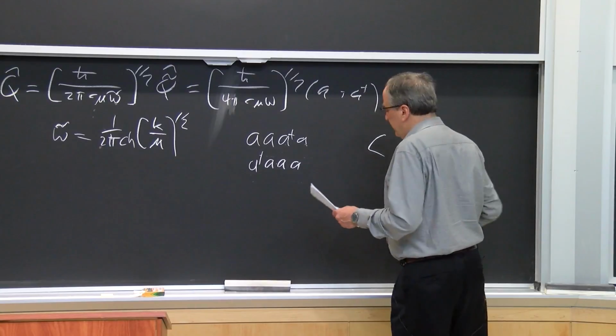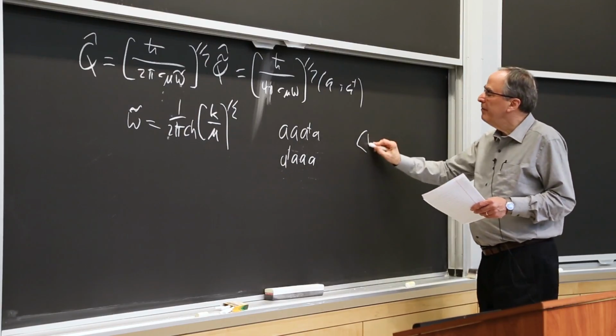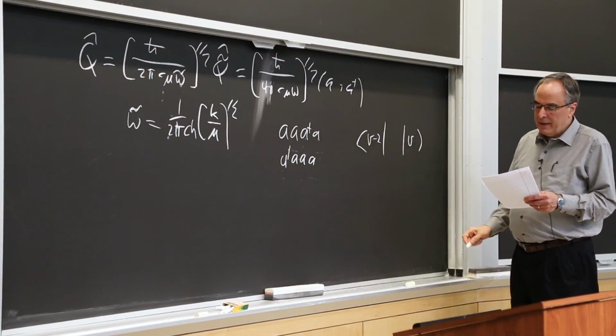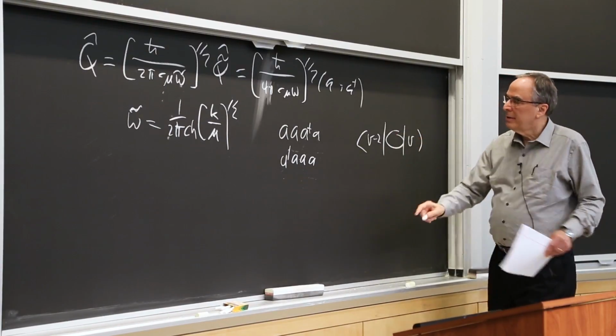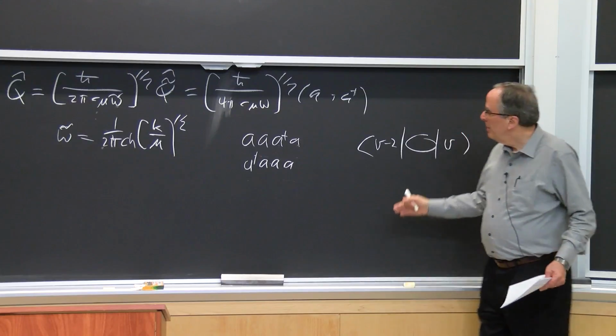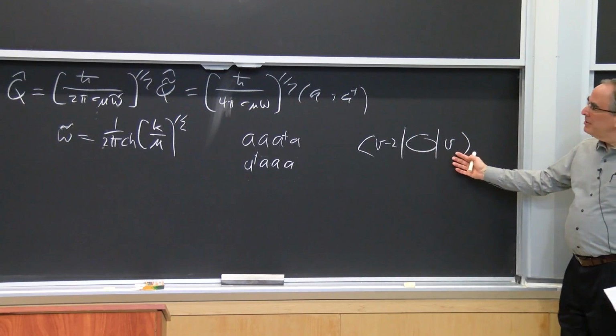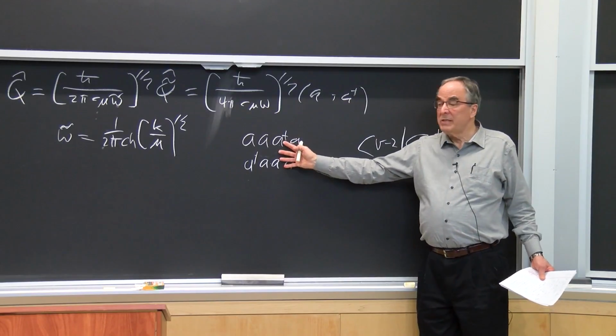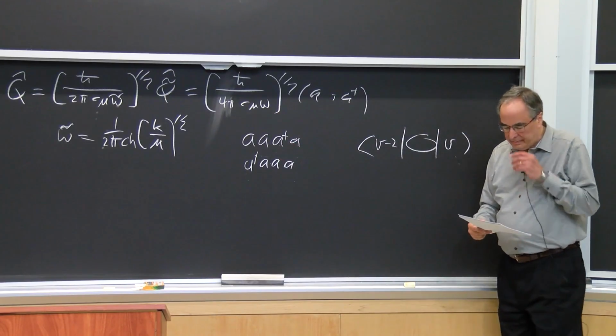So we can have v minus 2, v, and whatever comes in here, one of those forms. So those are the only non-zero elements, and you know how to mechanically figure out what is the value of the matrix element.